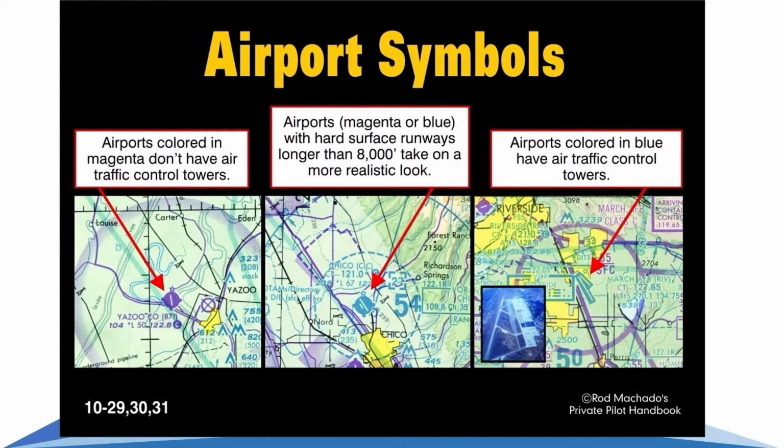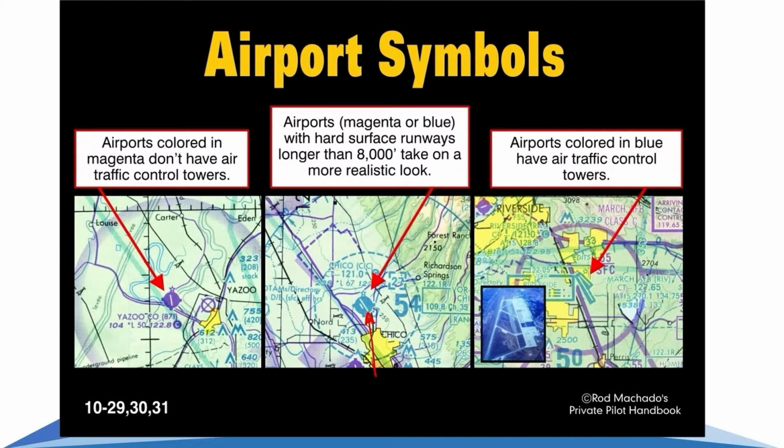Really, only the biggest, busiest airports in the country, like Dallas or LA or Miami, are going to have air traffic control support 24/7. For most of us out there that do have an operating control tower, you can think of it as like office hours. Sometimes they're there from like 8 to 8 or whatever, whatever they dictate for their internal policy. The main thing is that if you see an airport that's blue, and we're going to talk about these colors a lot, this is called cyan right here, which is a bluish color.